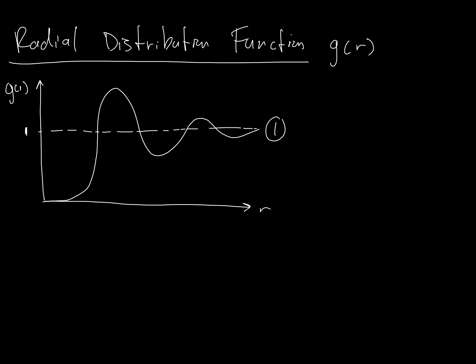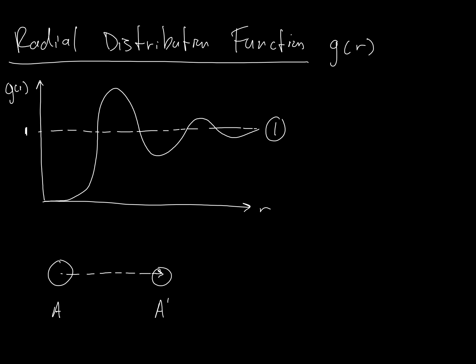And what the radial distribution function tells us is the likelihood of finding a particle some separation distance away. So if I have particle A and particle A prime, because these could be indistinguishable, they could be distinguishable as well, we have some separation distance r where the two particles are separated.